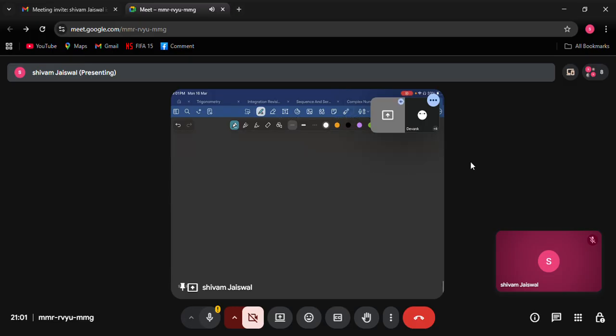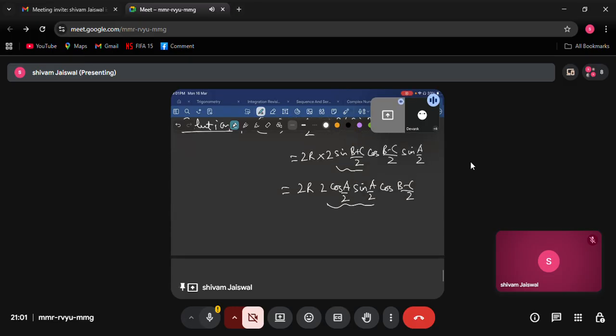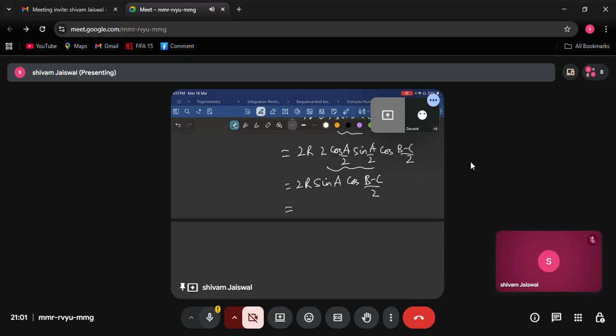So what is 2 sine a by 2 cos a by 2? Tell me. Sine a. And Raktim, tell me what is 2r sine a? Sir, a. A cos of (b minus c) by 2. Is it clear, Raktim? Yes. Hence proved.